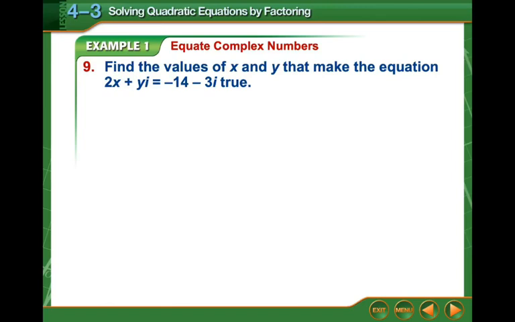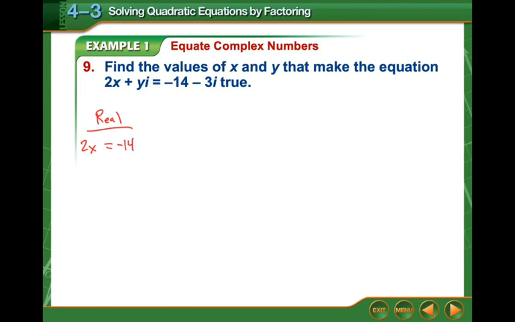So this one here, we want to find values for x and y to make this equation true. So all that means is we're going to take our two parts and break them apart. So the real part, that's the 2x, and it has to be equal to negative 14.